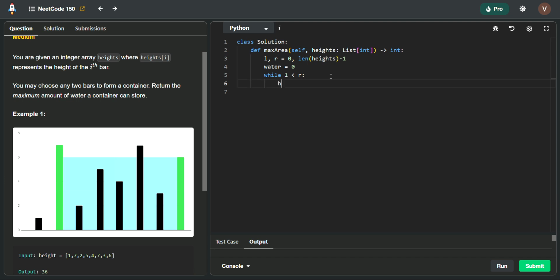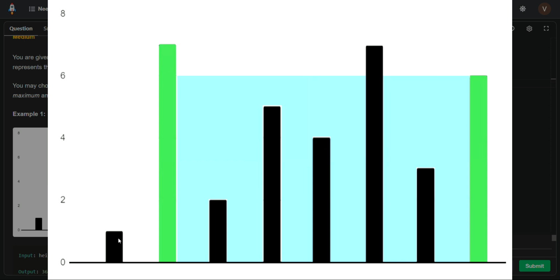our height is equal to the min of height at L, comma, height at R. So why are we using the min function? Because this is our bottleneck, if you think about it.